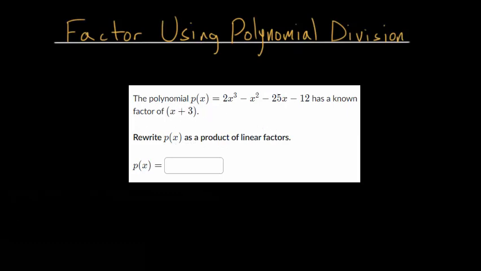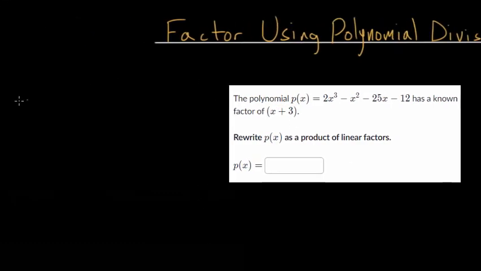It will be linear, where x in this factor is going to be raised to the first power. So another way to think about this is that basically we have x plus 3 multiplied by some polynomial. I'll call it, let's say, q of x.